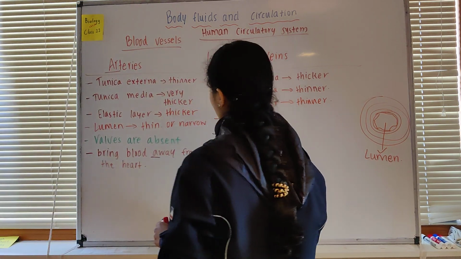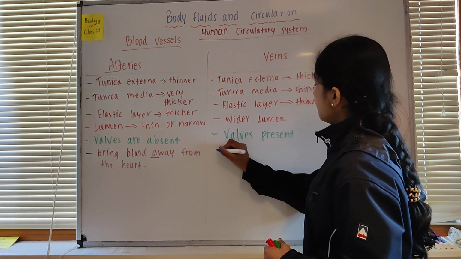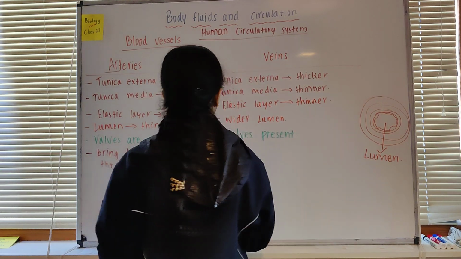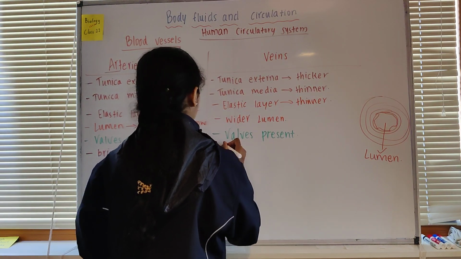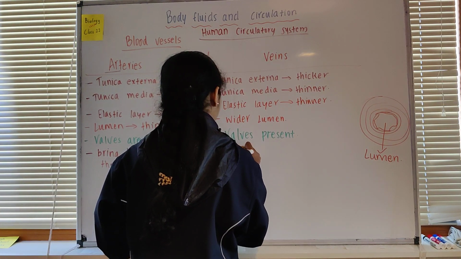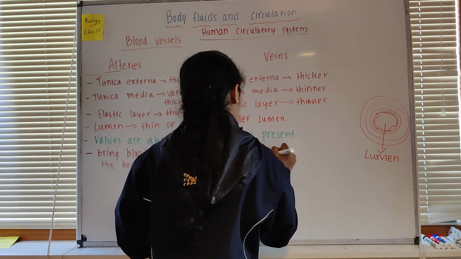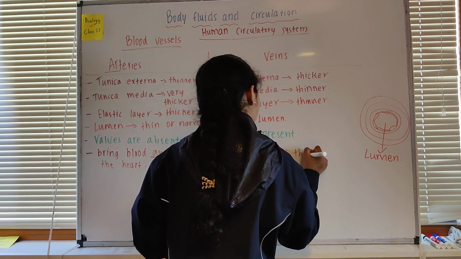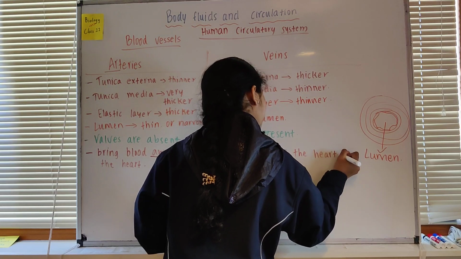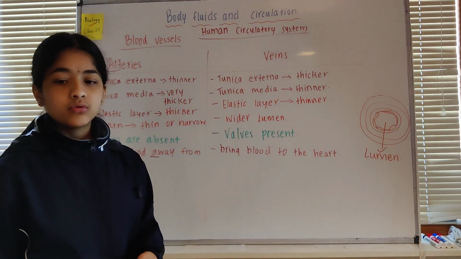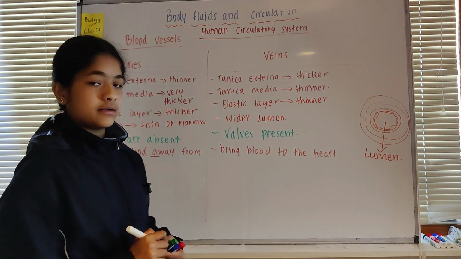They take the blood away from the heart. Veins are exactly the opposite. They bring blood to the heart, into the heart.